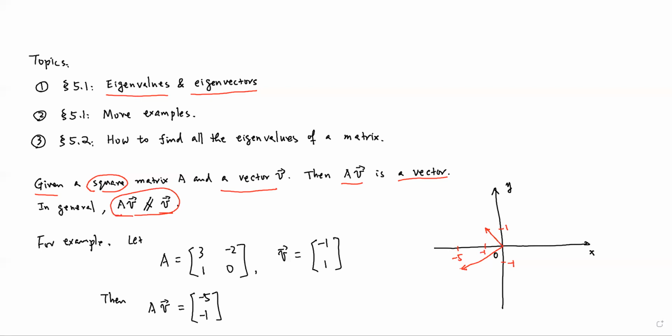Say, for example, let me still pick this matrix A. A second example: let A be [3, -2; 1, 0], and take a look at this vector (2, 1). Then matrix A times this V is the vector (4, 2).